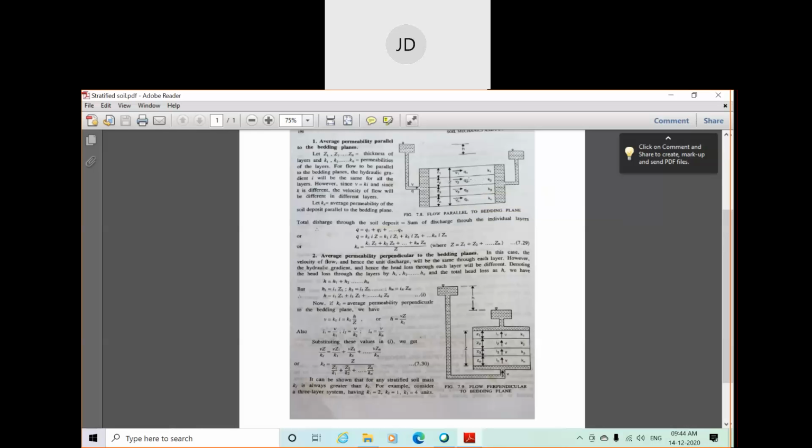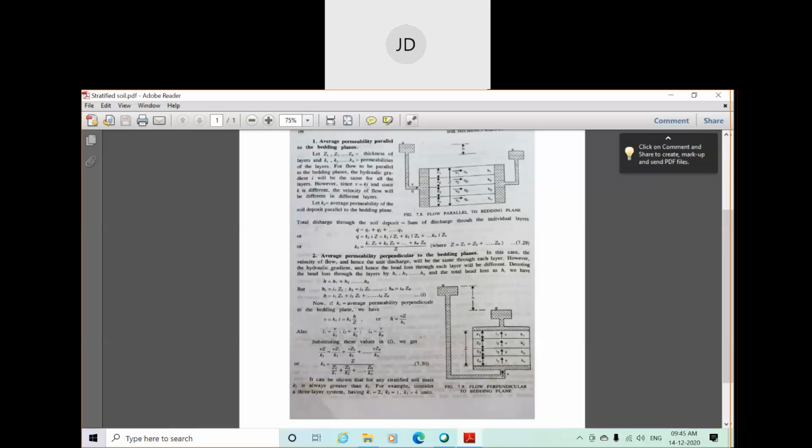As per Darcy's law, v equals k i. The i is constant for each layer, but since it is a stratified soil containing individual layers with individual properties, k is a property of each soil layer and will be different for each layer.